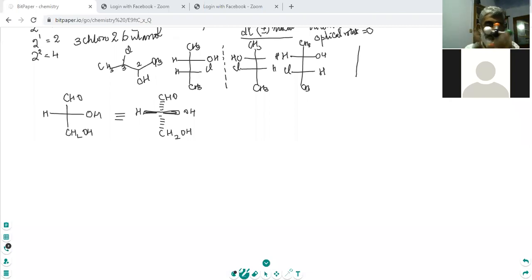On the board, the OH is on the right side, but is the OH right side to you or left side to you? Tell me.